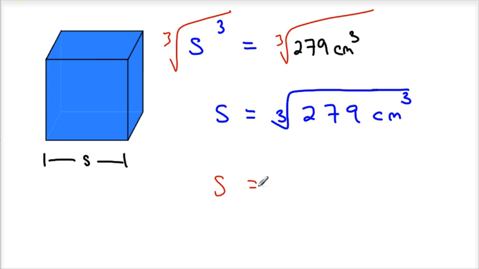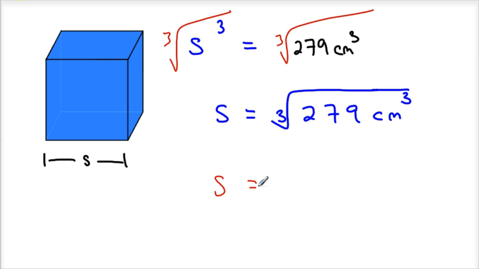Any guesses? 7 times 7 times 7. 8 times 8 times 8. 6 times 6 times 6. Is there a perfect cube root of 279? I don't think there is actually.